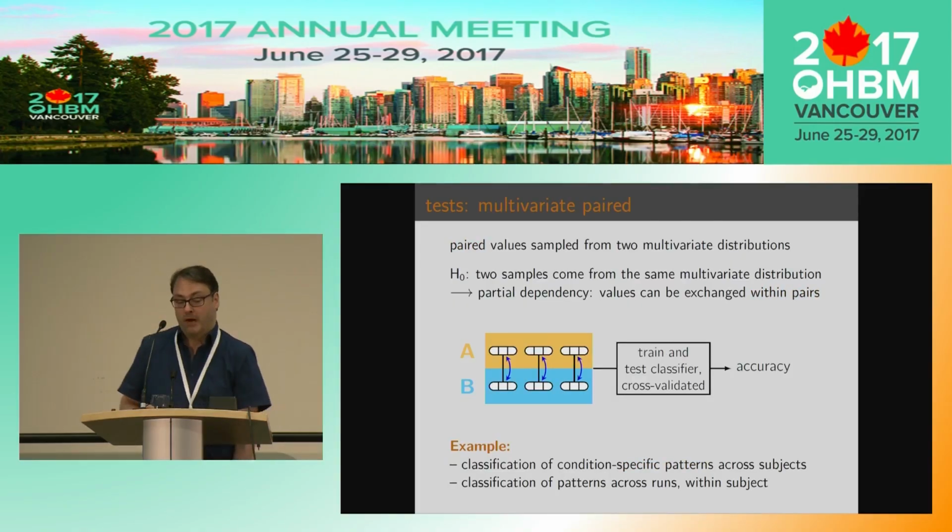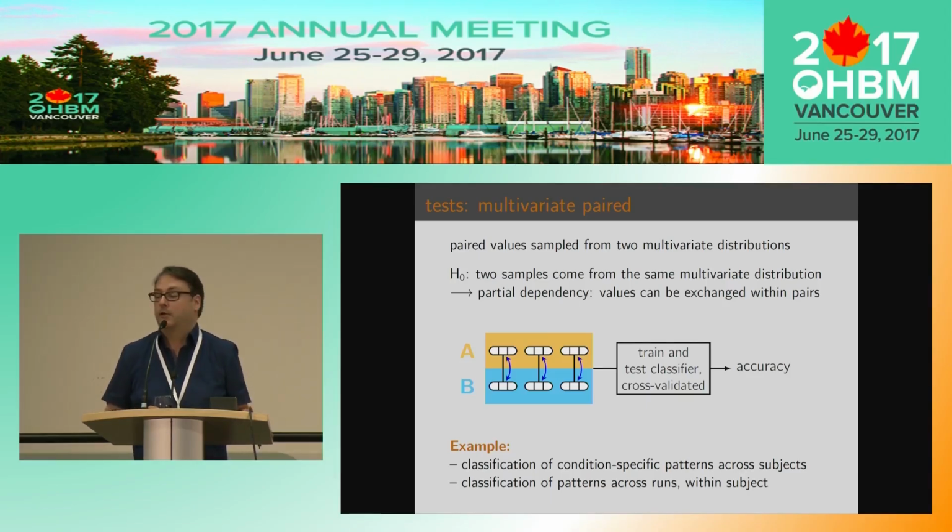We have now multivariate correlated values, let's say pattern vectors extracted from the fMRI of a subject in two different conditions. Because they are extracted from the same correlated fMRI data, they will be correlated. So the pattern vector from subject 1 will be correlated to the pattern vector in condition B from subject 1, but you can still do these pairwise exchanges.